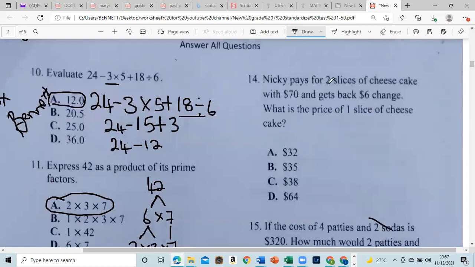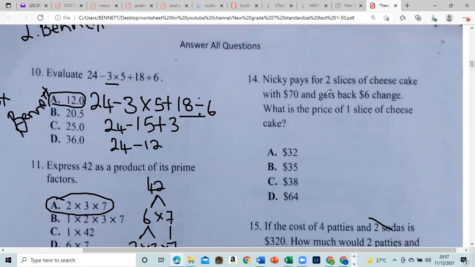Nikki pays for 2 slices of cheesecake with $70 and gets back $6 change. What is the price of 1 slice of cheesecake? All right, so you go to a shop with $70 and give the shopkeeper the money, and they give back $6 change.